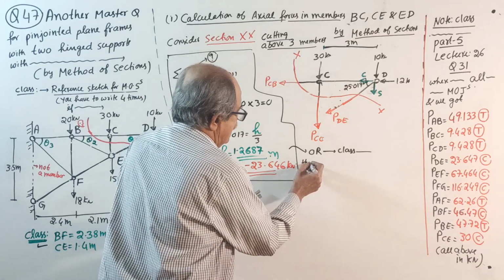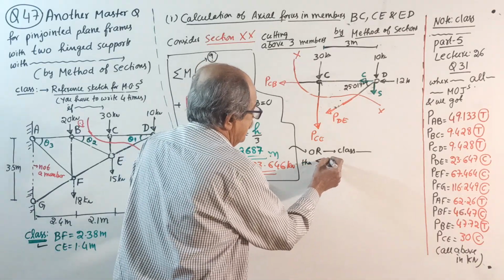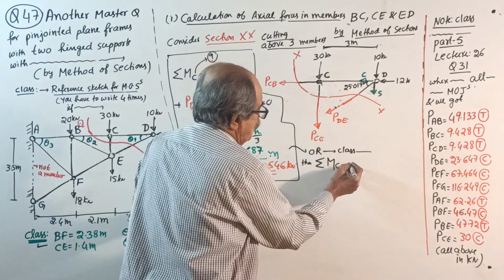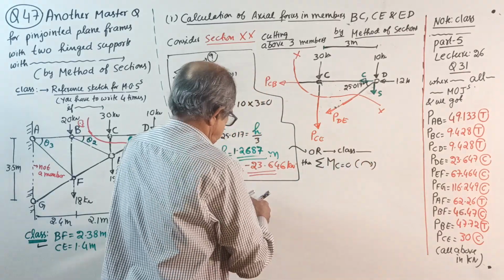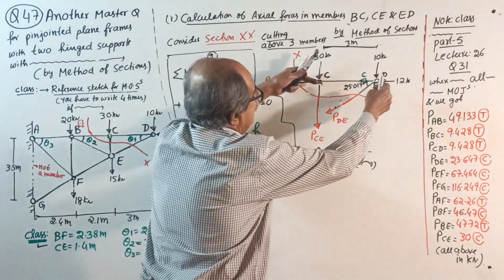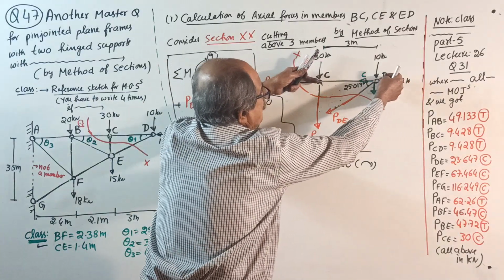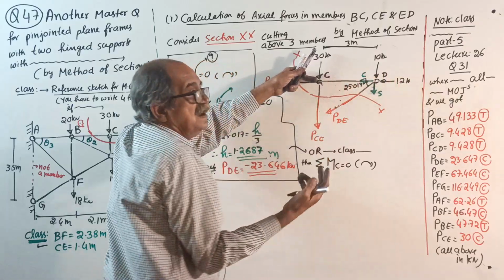Then, when you make sigma M about C equal to 0, take clockwise positive. See here. The horizontal component will pass through C, so no moment.